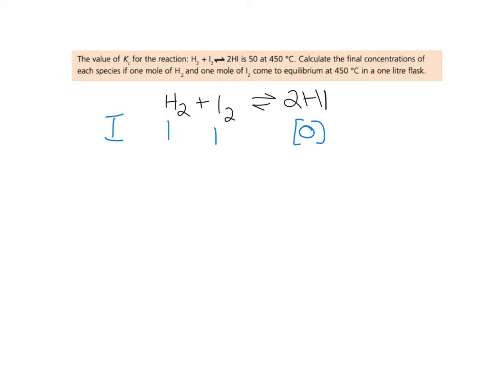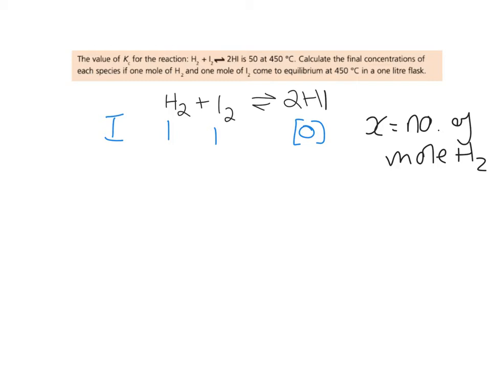So guys, to figure this out, we are going to start using x, and x represents an unknown, and in this instance we're going to say that x equals the number of moles of H2 that must react in order for equilibrium to be established. So each time 1 mole of H2 reacts, 1 mole of I2 also reacts.